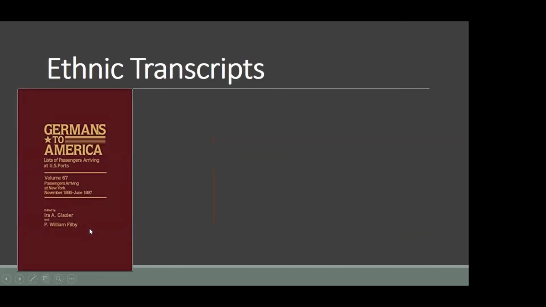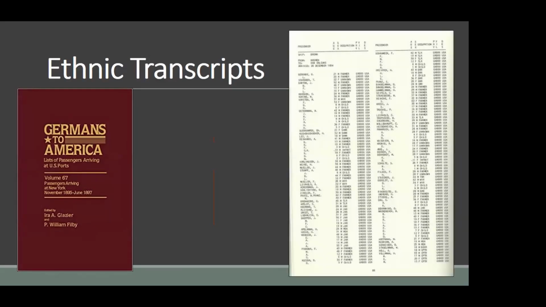There are some ethnic transcripts. Germans to America is a great series for those seeking German people who came over to America. It provides transcripts that lead you to the passenger list, such as this one for the ship Bremer, which arrived in New Orleans in 1854.